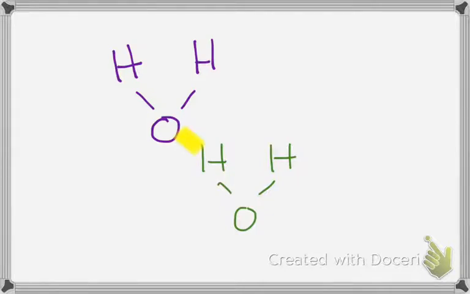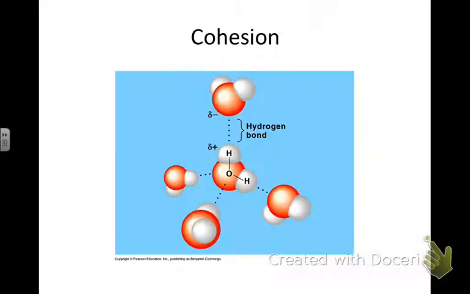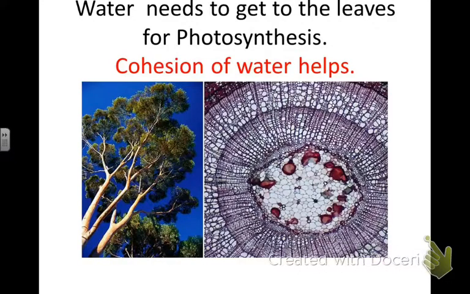So water bonds to water with hydrogen bonds. It says this term refers to the water molecule binding to other water molecules. It's important if you think about, when it rains, water gets in the soil, and then water is sucked up a tree, and that doesn't require any energy. In order for water to get up a tree, and you can see the tree on the left side, it's got to go up these little pipes inside the tree, and those little pipes are called xylem, if you want to add that word.